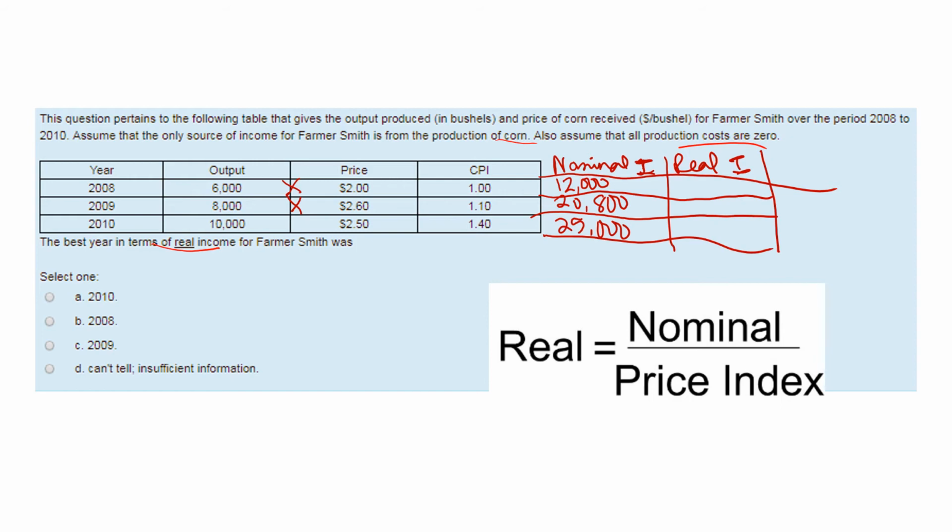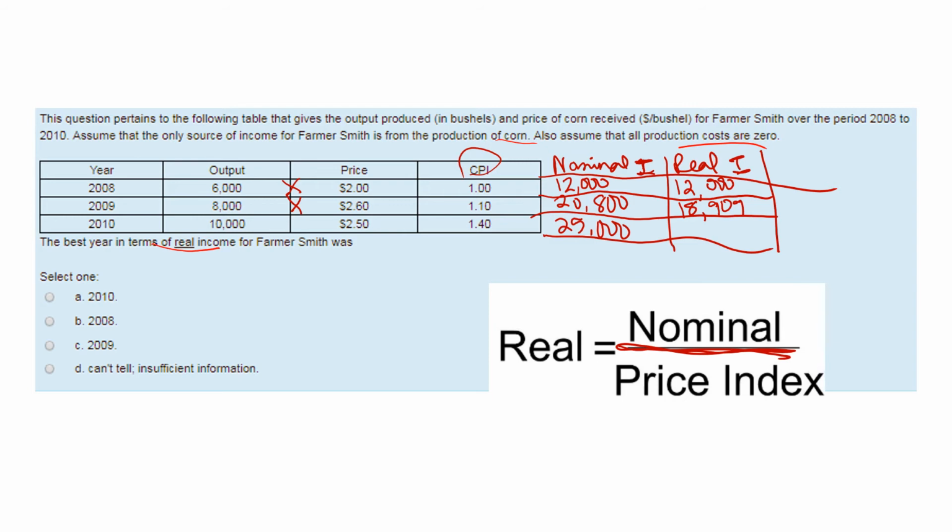Now we've got to figure out the real value. So we're going to take the nominal value divided by the price index. We have our consumer price index here to figure that out. So we have 12,000 divided by 1, which is going to be 12,000. We have 20,800 divided by 1.10, and that's $18,909.